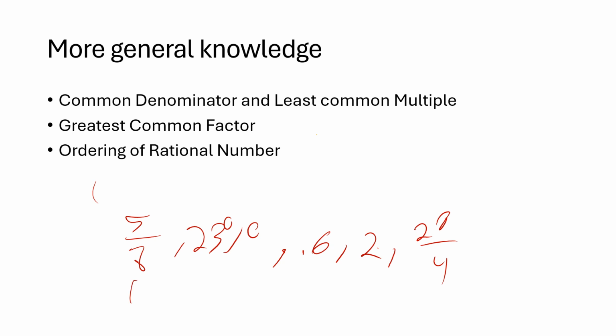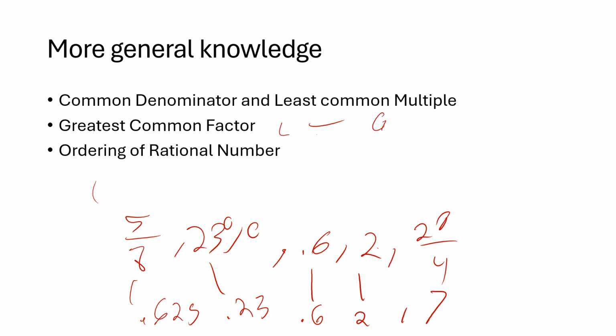So 5/8 becomes 0.625, 23% is 0.23, 0.62, and 7. We want to order from least to greatest, and we can start with 23%, and then go to 0.62, 5/8, and 28/4.